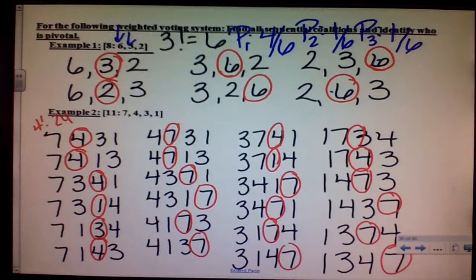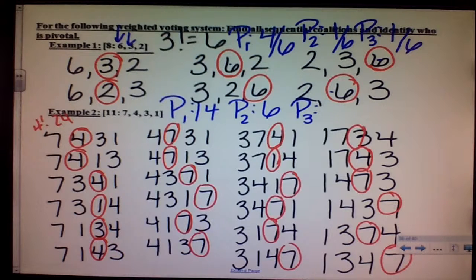So you're gonna do the same thing for example 2. How many times did we circle player 1? 1, 2, 3, 6, 7, 8, 9, 10, 11, 12, 13, 14. 14 times. Player 2. 1, 2, 3, 4, 5, 6. 6.